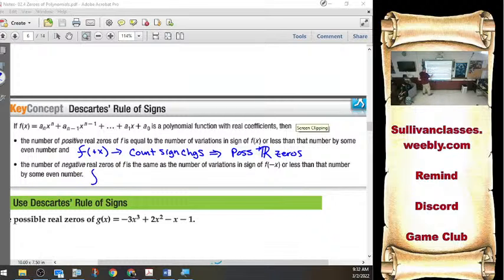If I plug in a negative and count sign changes, that tells me the number of possible negative real zeros.